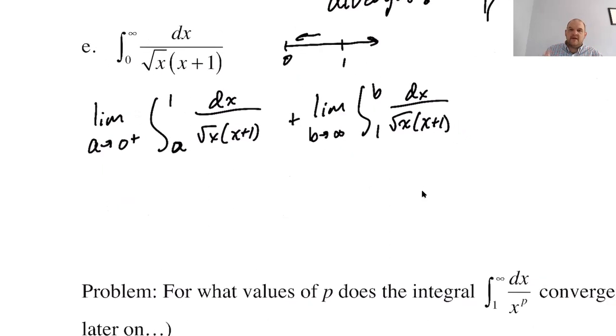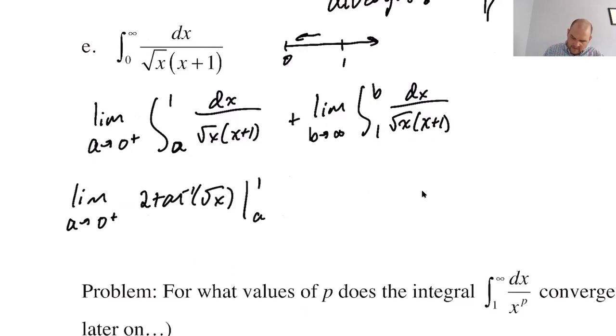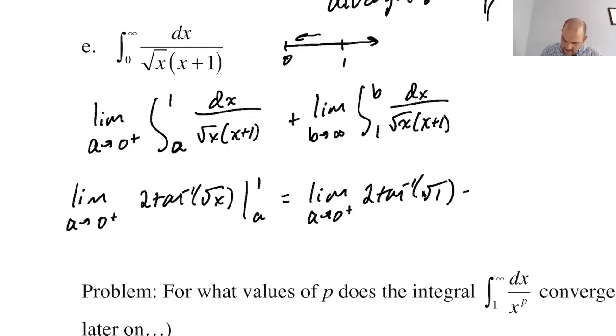Okay, so if you recall, the antiderivative, which we did with u substitution on the previous page, was 2 tan inverse of root x. We're going to go from a to 1. Let's see what we get. So this will be the limit as a approaches 0 from the right, 2 tan inverse of root 1, which is just tan inverse of 1, minus 2, so I should put this in parentheses, tan inverse of radical a.